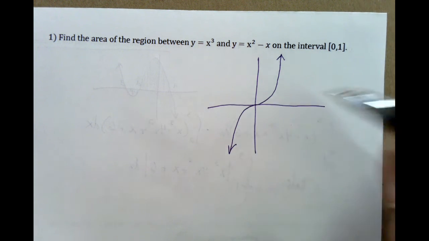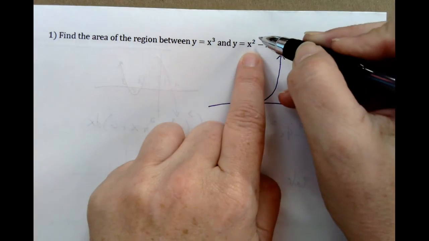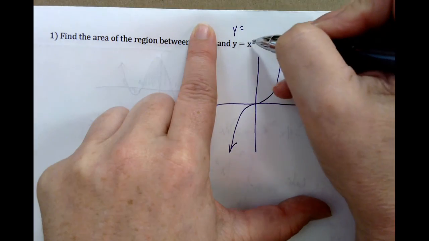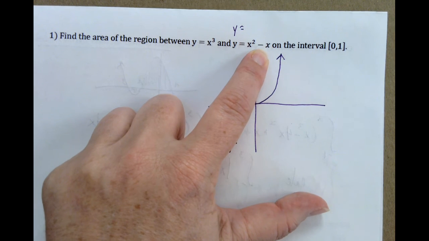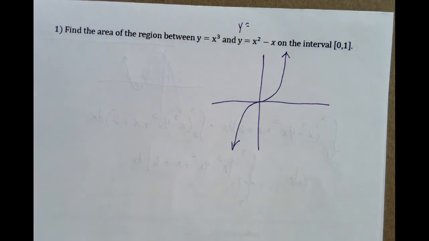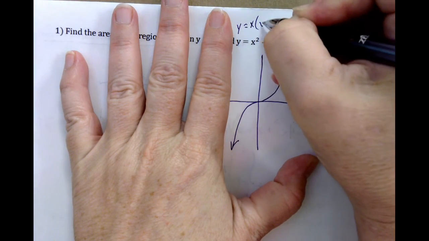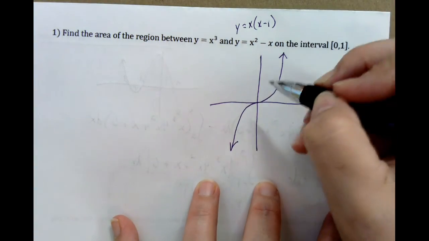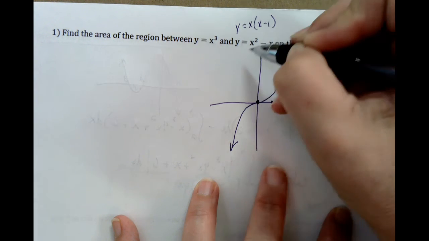Now, I know that if I factor this quadratic, it's going to be a parabola opening up. And if I factor out an x, I know that it's going to cross through 0 and 1.